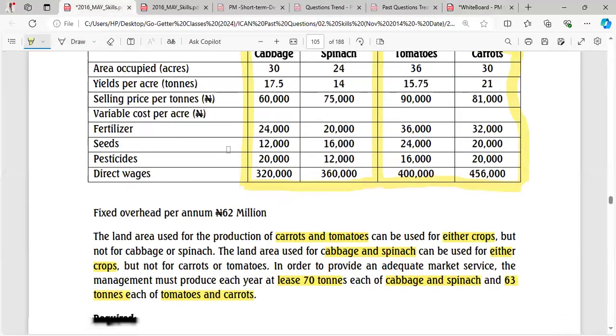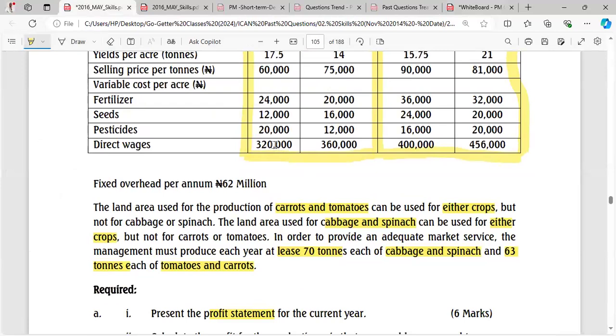Then direct wages. We have 320, 360, 400, 456.